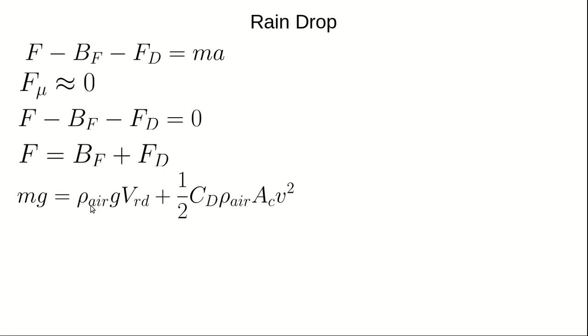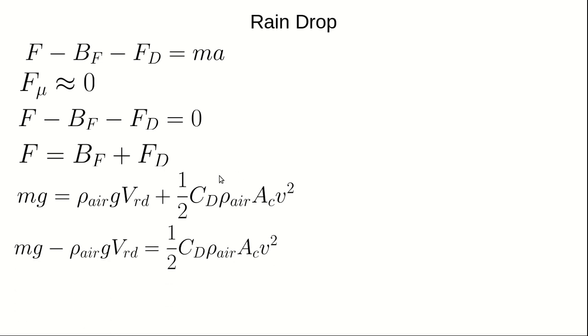Now our buoyant force is the density of air, g, times the volume of the raindrop, plus the drag force. For the coefficient of drag, we assume that the raindrop is a spherical object, so it is that of a sphere. Then the density of air, the cross-sectional area, and the velocity of the raindrop.